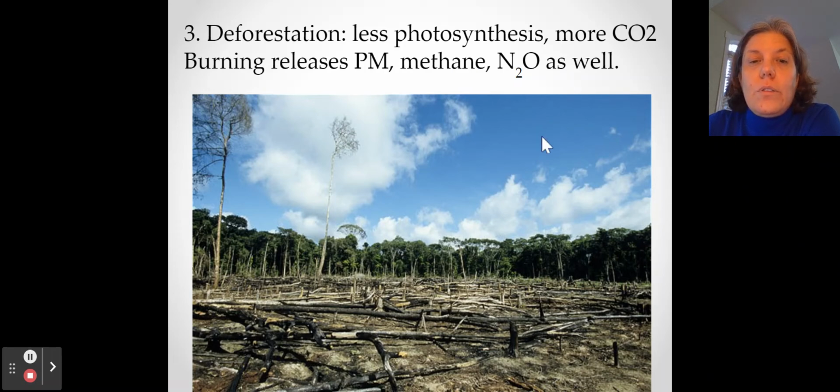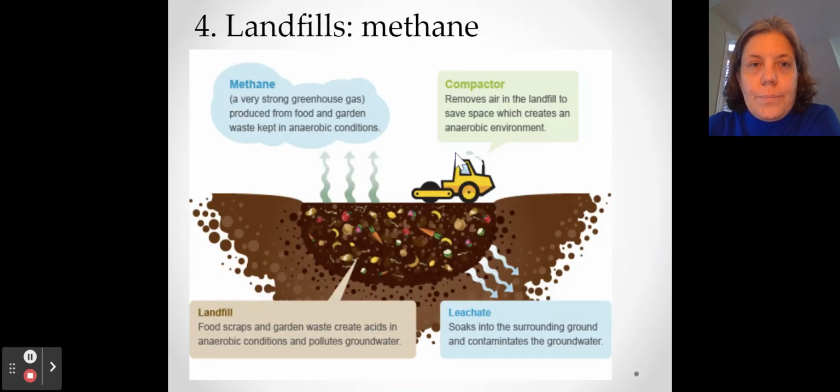So if I do slash and burn, cutting down rainforest to make land for cattle, there are all kinds of problems with that. Not only am I not having the trees to take up CO2, but I'm releasing all this other stuff when I'm burning them. And then if I have cattle there, that's more greenhouse gases. And then landfills do contribute a little bit of methane to the atmosphere.